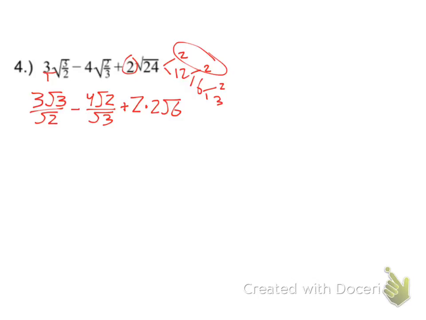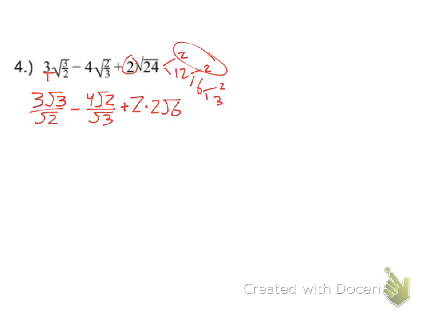So right now, we have done one step of everything. If I wanted to add those together, I would have to have a common denominator. In one of the last problems we did, we said just find the LCD, multiply everything by the LCD, and you'll get rid of denominators, correct?